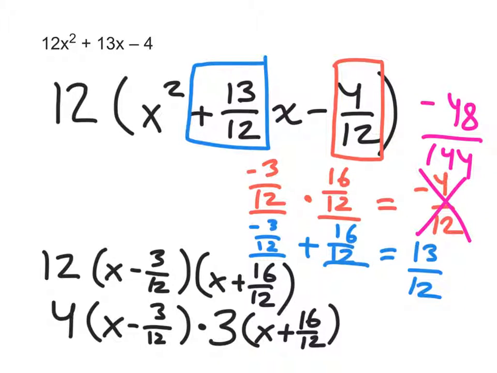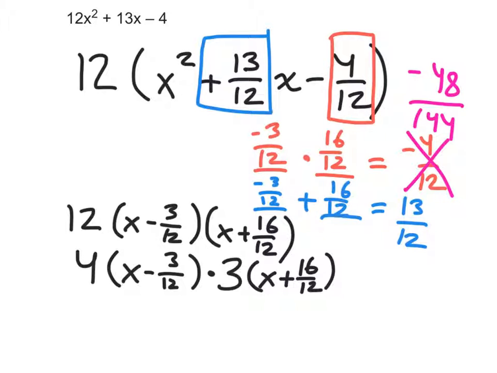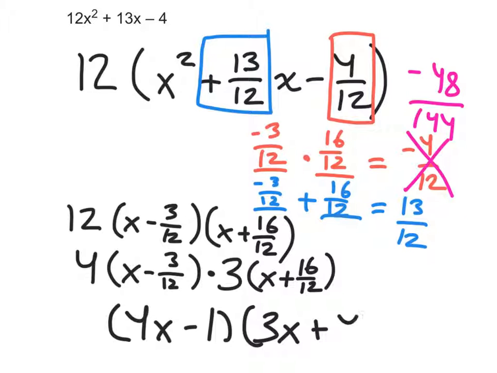And then you'll notice after I distribute it, 12/12 is 1, 16 times 3, that's 48/12 or 4. And here we are once again with our factored form, 4x minus 1 times 3x plus 4.